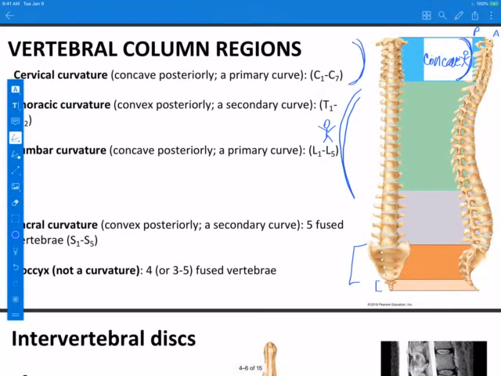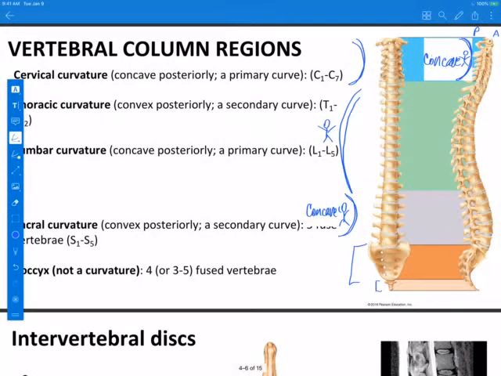And then if we look at the lumbar curvature with L1 to L5, then once again we run into a concave posterior curve. If you're on the posterior side, it's concave.